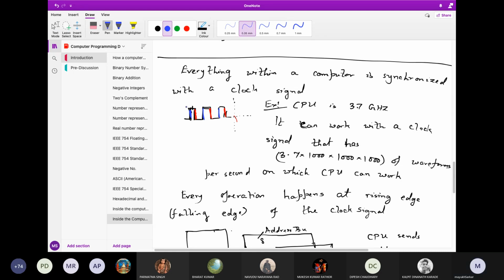First of all, the battery you see on the motherboard keeps your system clock on, that means the time, it keeps the time on even after you power off the computer. Whereas this clock is entirely something different. This clock is simply a signal, nothing more than that. It has just been named clock.